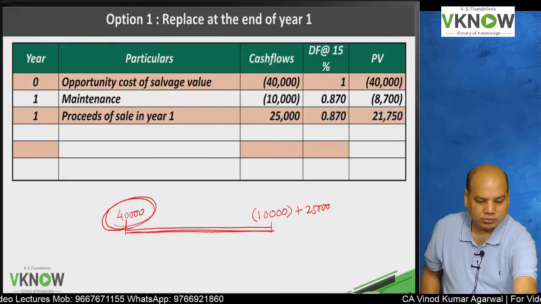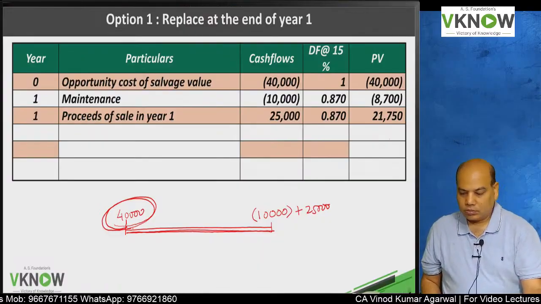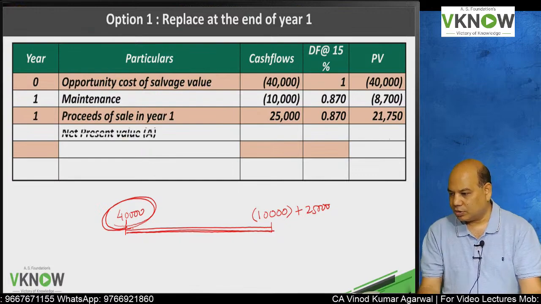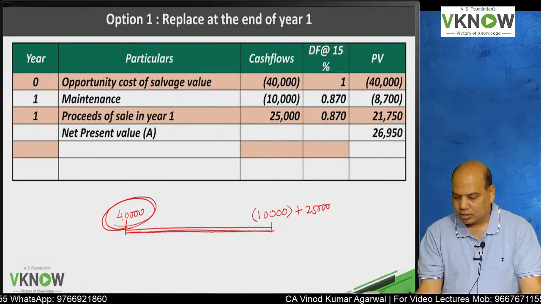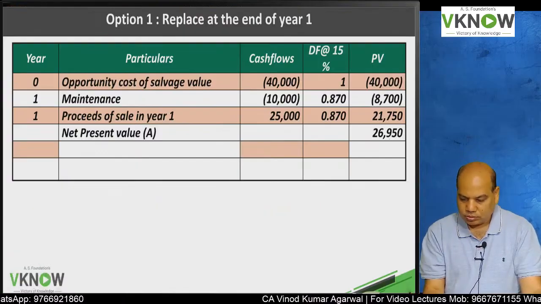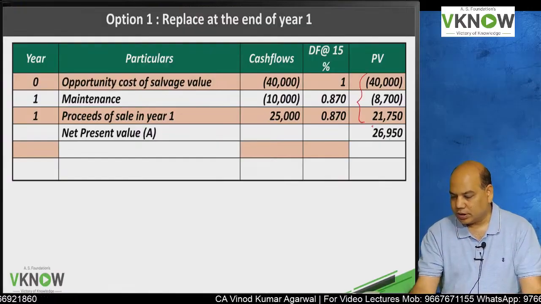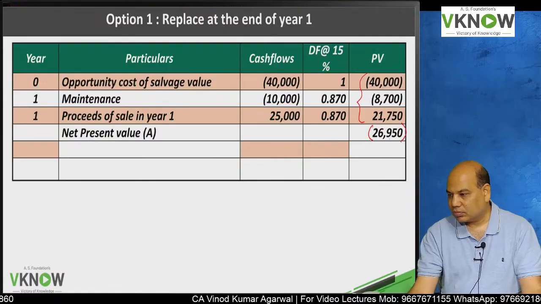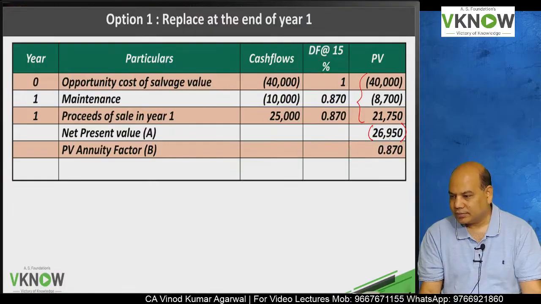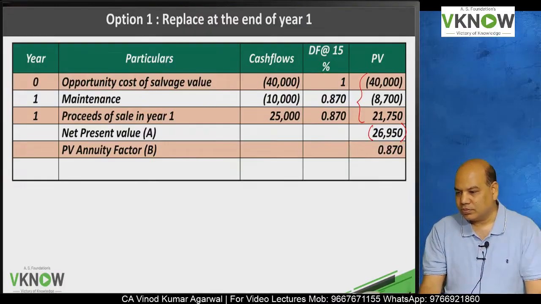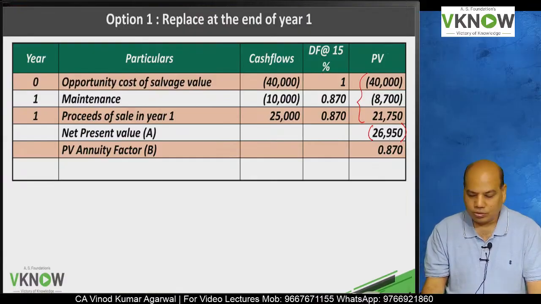Check the present value: 21,750 approximately. Net present value, total of these three numbers: 26,950. PV annuity factor, if it is a 1 year problem, annuity factor and PV factor will be same, 0.870.